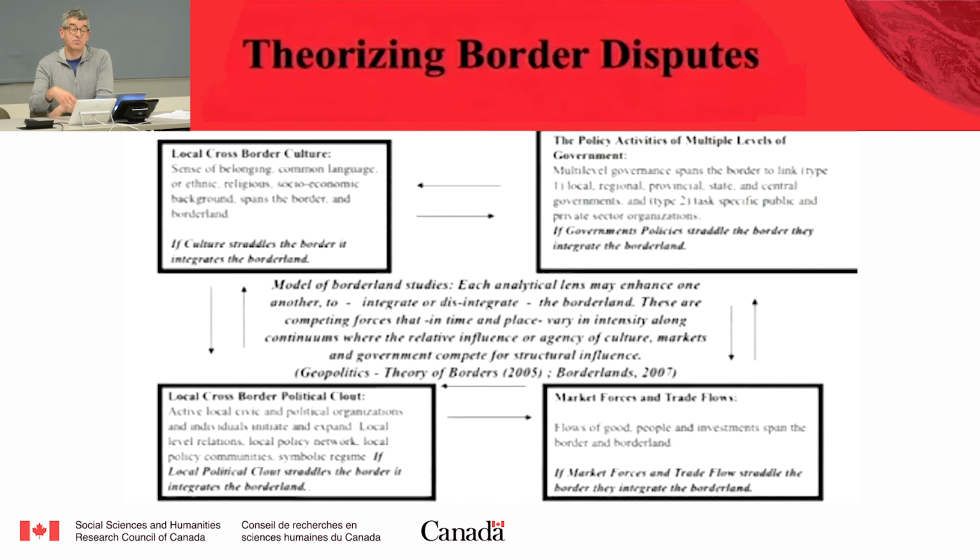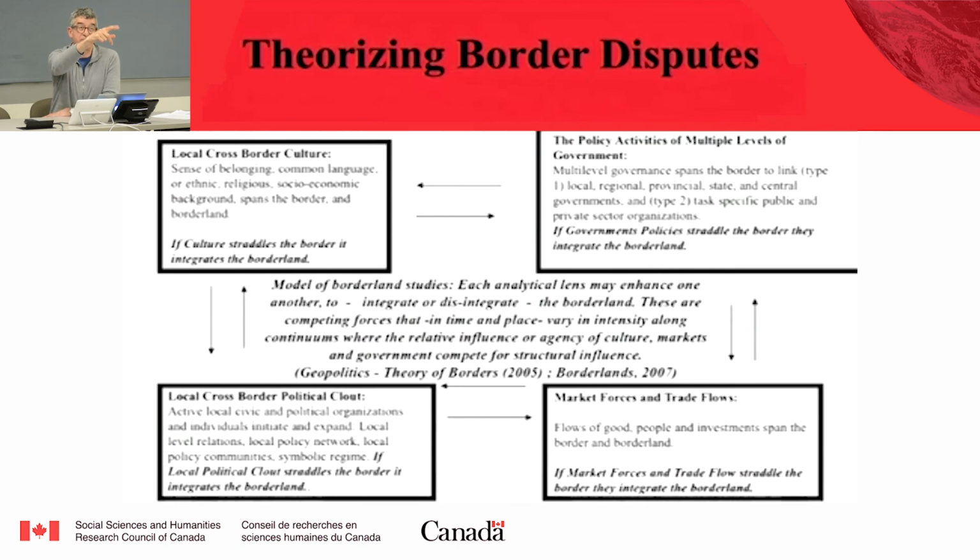And this is just to go back to the theorization. I published this work in 2005, but I think it's interesting, because what we see here is basically four different ways to understand what is going on in the borderland. You have the role of multiple levels of government, the local political clout, the culture, and then what the court does is allow market forces and trade flows to regulate very effectively disputes in regions where market forces and trade flows are really important.